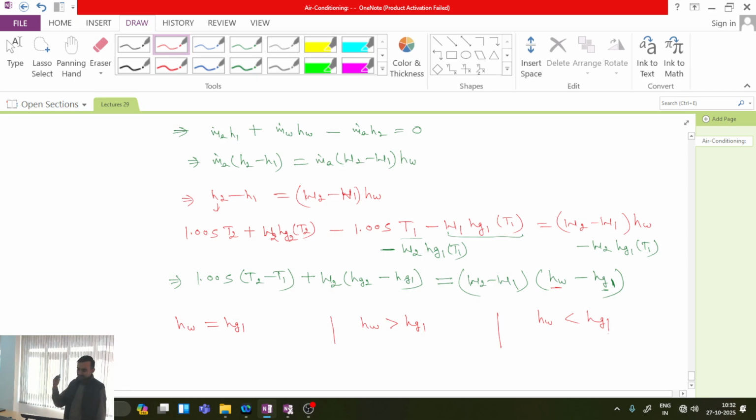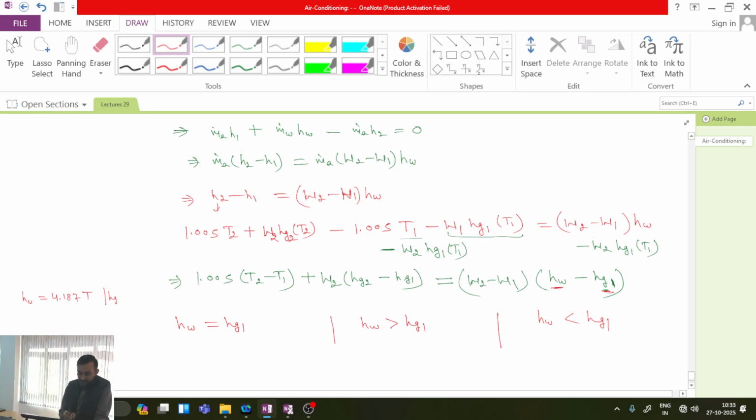But before that, you simply understand. If I simply add water, what will be enthalpy of water? HW. If water is added in the liquid form, 4.187 into T, that is enthalpy of water. And what is Hg?